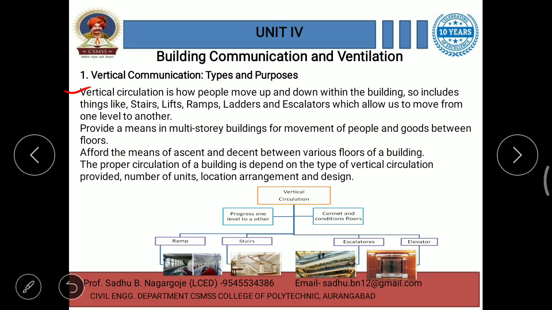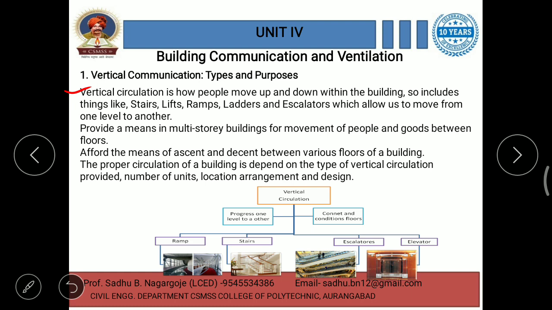That's why we simply say here that it is how people move up and down within the building. It includes things like stairs, lifts, ramps, ladders, and escalators, which allow us to move from one level to another. They provide a means in multi-story buildings for movement of people and goods between floors.